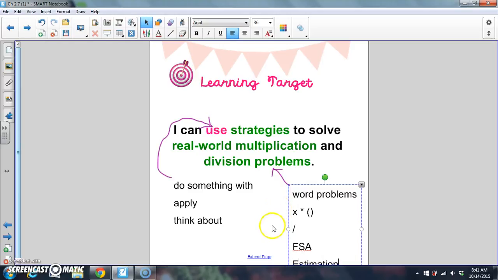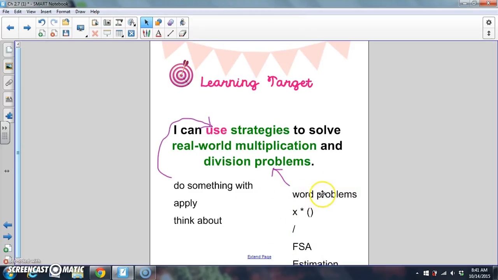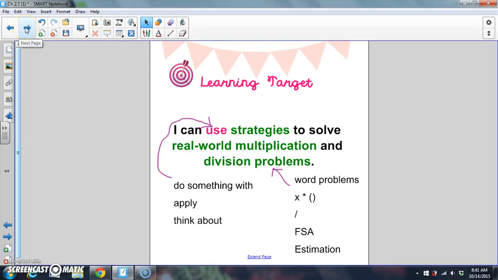Estimation also might be a strategy that we use in order to do this. Once you have finished writing these ideas in your notebook, you may continue onward.